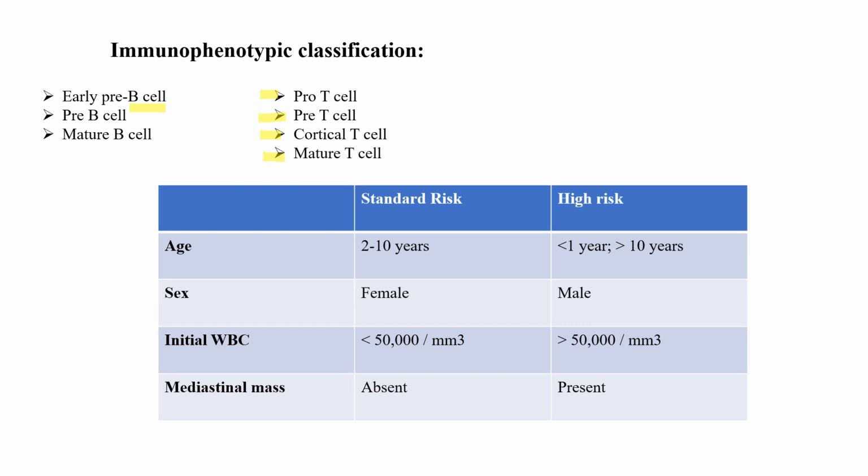Some prognostic factors: the peak incidence is around 2 to 5 years, and if the age is around 2 to 10 years, the child has standard risk. If less than 1 year or more than 10 years, there is a high risk. As we have already said, males are at a higher risk than females. If the initial WBC count is more than 50,000 cells per cubic millimeter, it's a higher risk, and if a mediastinal mass is present, it's a higher risk.